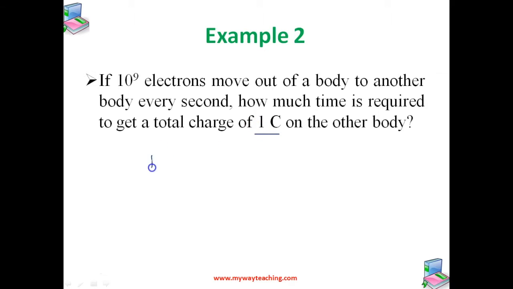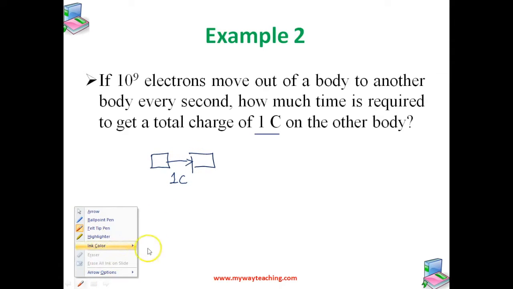Which means charges are moving from one body to another, and they're asking how much time is required to move 1 coulomb of charge from this body to the other. So this is the question.